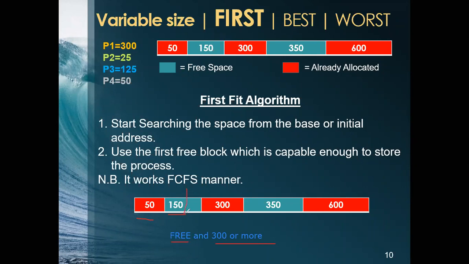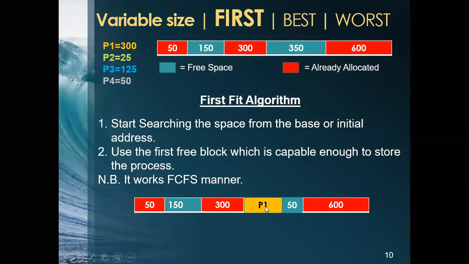No, so we can skip it. The next one, 300, is already full. 350 is free and 300 or more. So we will allocate process 1 here. What is the rest of the space? Total was 350, we only needed 300, so 50 will be left.